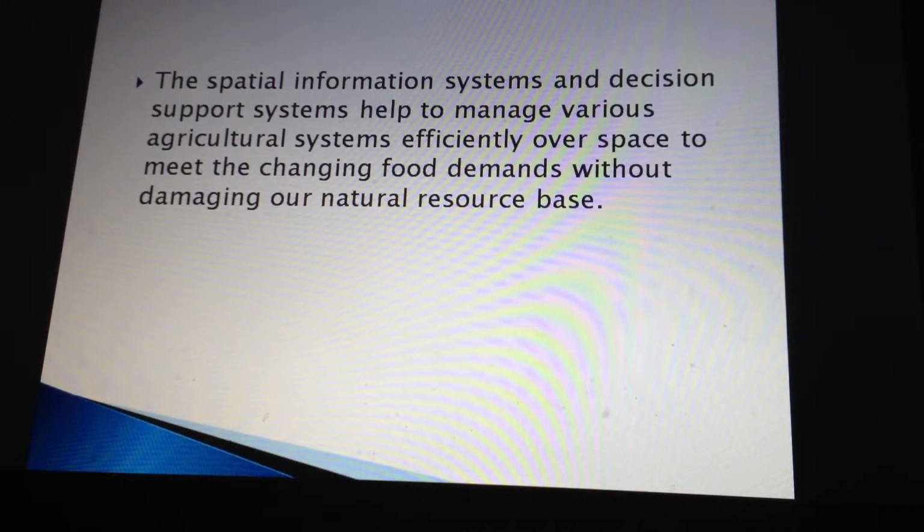Spatial information systems and decision support systems help to manage various agricultural systems efficiently over space to meet the changing food demands without damaging our natural resource base.